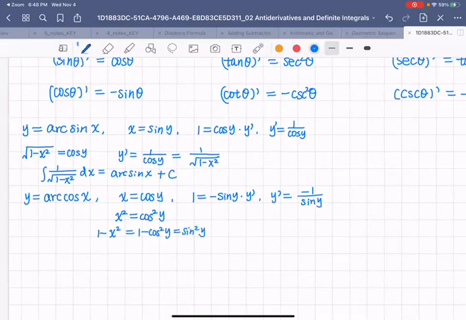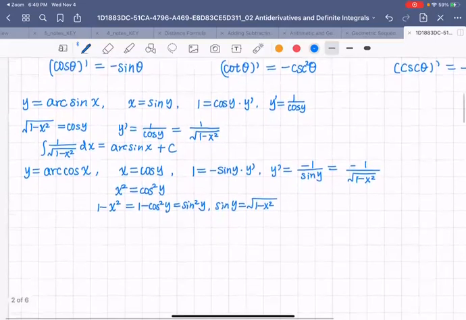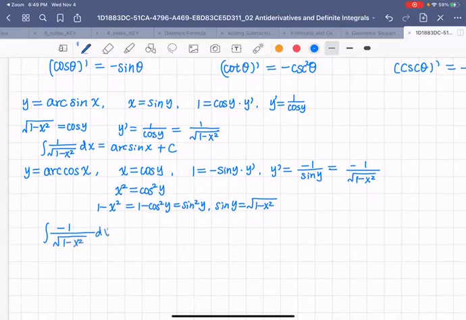So sine y equals square root of 1 minus x squared. That means this guy equals -1 over square root of 1 minus x squared. Does that make sense now? So if they give you -1 over square root of 1 minus x squared dx, this is arc cosine x plus c.